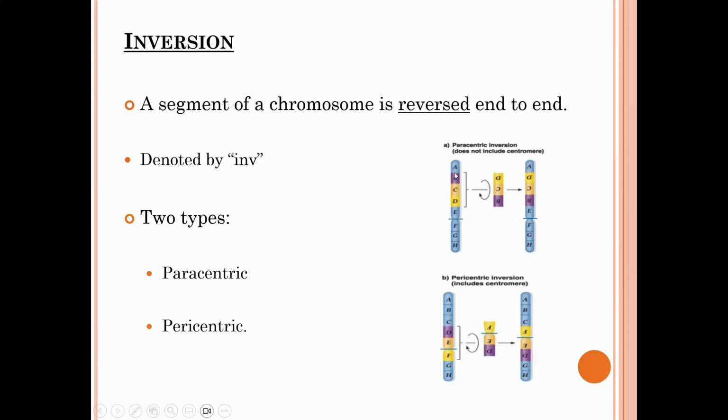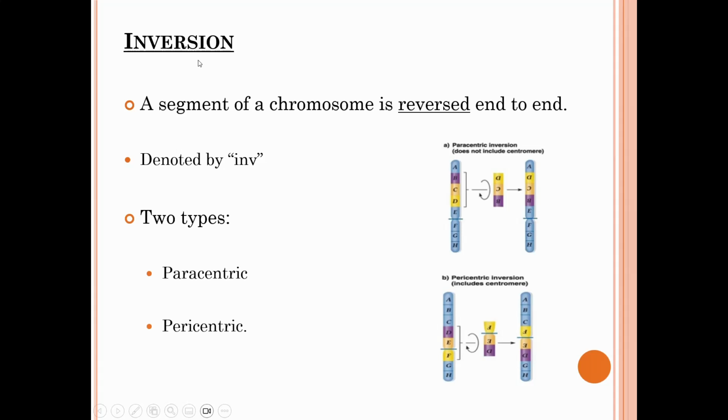Paracentric means it is happening on the same side of the centromere only. Suppose this is BCD, the same inversion happened, but it has not gone to the other arm. But pericentric, you can see here, it is involving the centromere; the sequence was D, E and F. Now it involved the centromere, so now it is F, E and D. Clear?